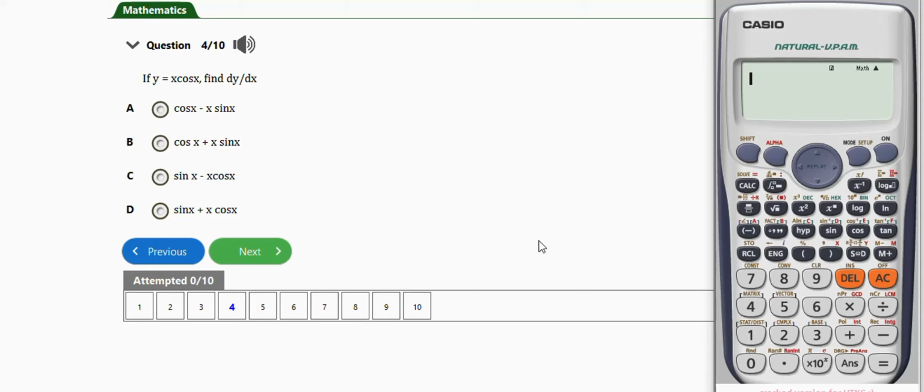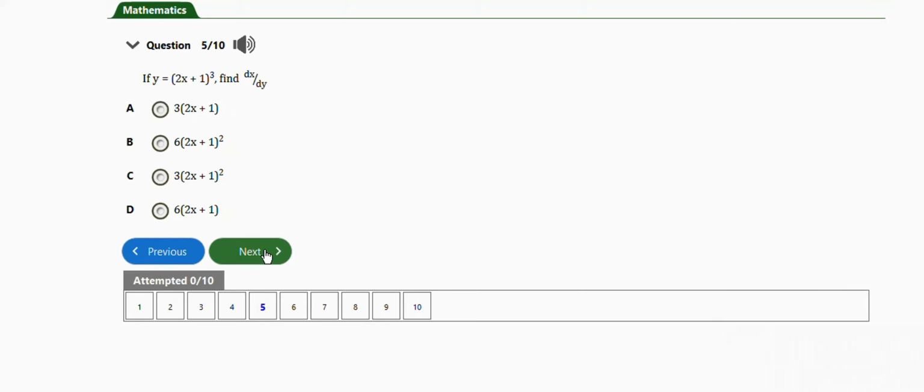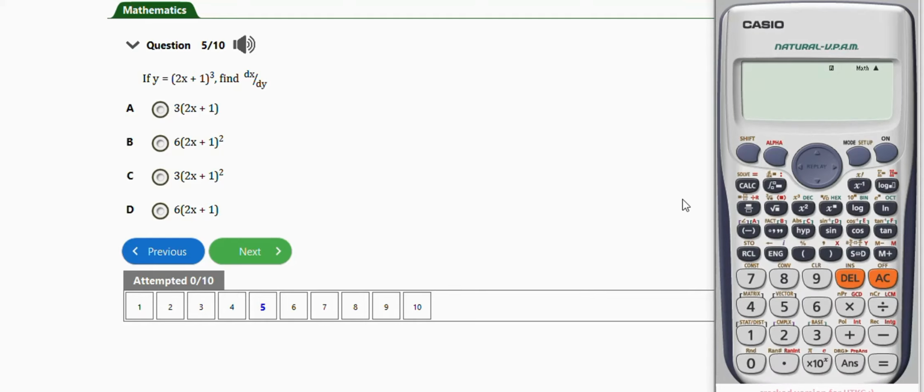So we're making progress. Let's check the next repeated question. So it says if y equals this function, find dx over dy. If you have to solve manually, we're going to apply the chain rule, but let's solve this with the calculator. It's very easy. We're still going to work with the setting of the calculator. So now let's bring the derivative function, shift and this.